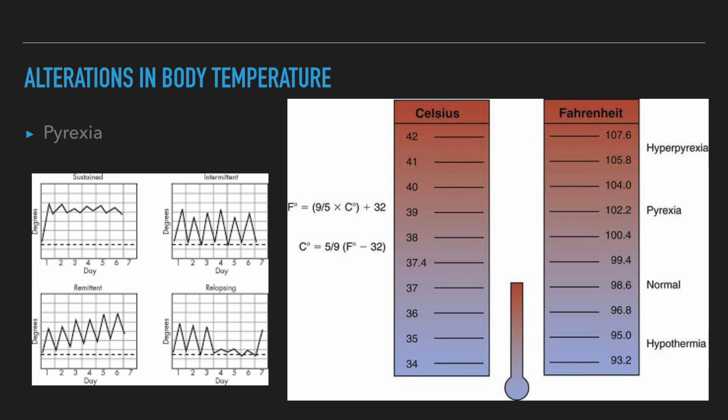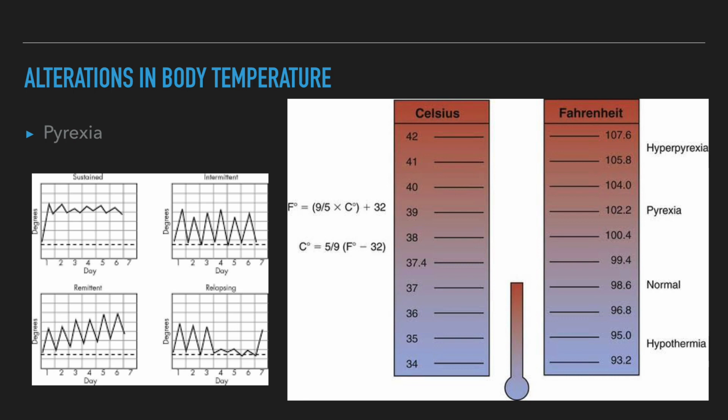Alterations in body temperature. Normal body temperature when measured orally usually ranges between 36.5 degrees and 37.5 degrees Celsius, 97.6 degrees and 99.6 degrees Fahrenheit. This state of normal body temperature in a client is termed afebrile.